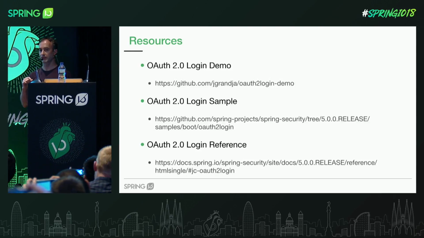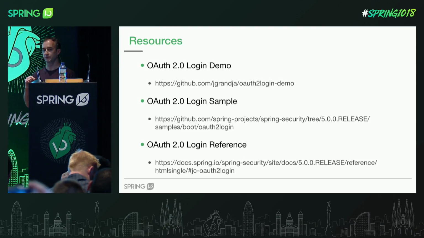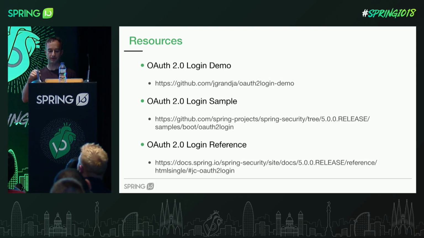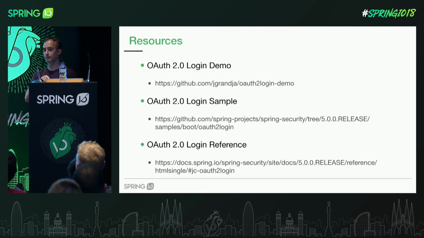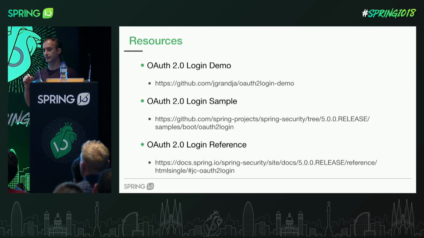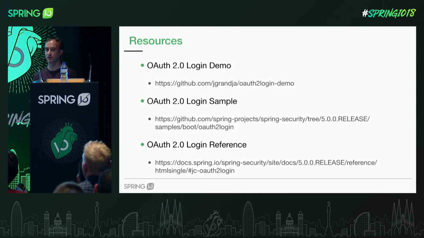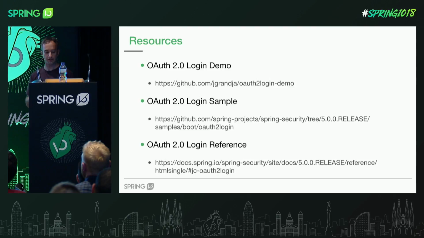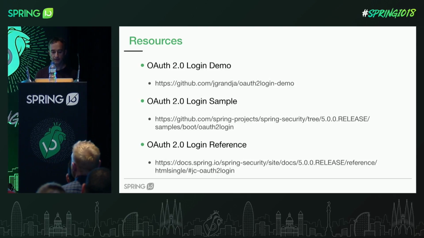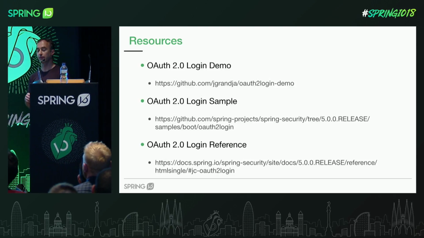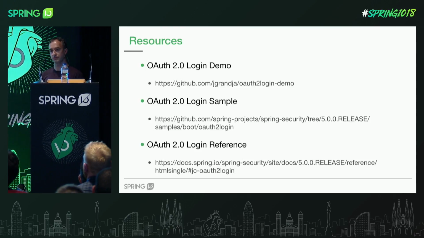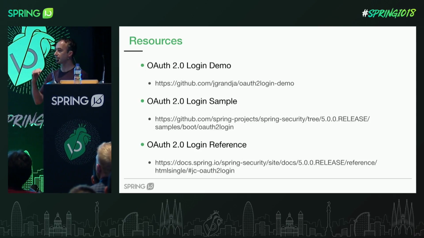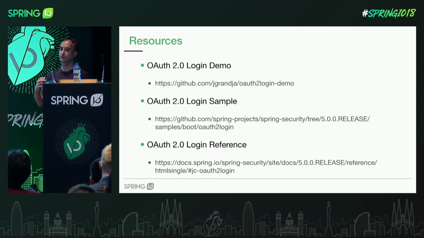The one I just showed you, the GitHub example with the new feature, is in master. As you can see, this is the 5.0 release. So if you want to look at that specific sample, the GitHub controller with the OAuth 2 client annotation, you have to go to the master branch. And then the login reference, there's a ton of documentation here. We are making sure that we're documenting every single feature and providing samples so you have resources to check out.